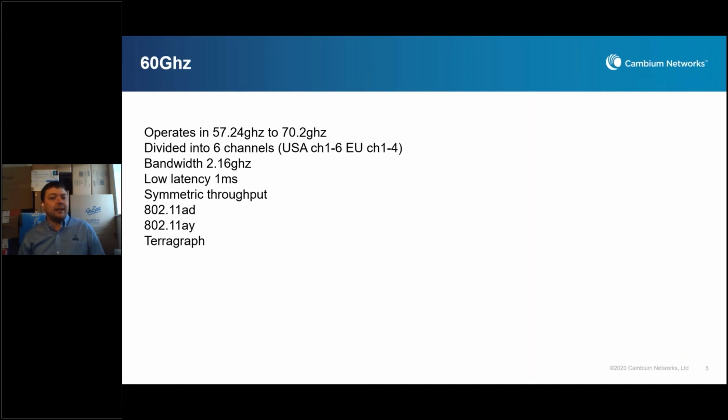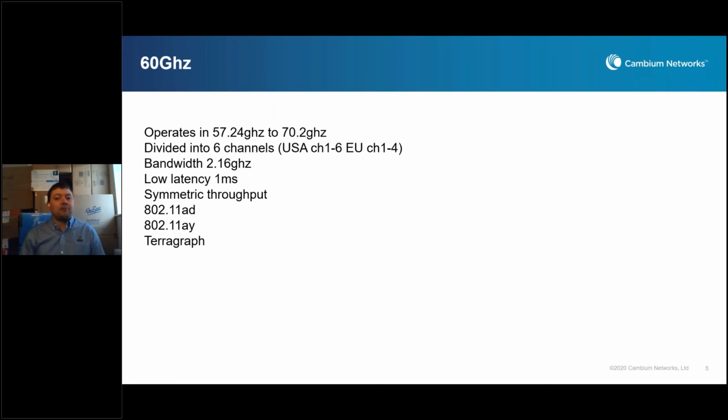So what is 60 gigahertz? It operates from 57 to 70 gig. It's divided into 6 channels with a channel size of 2.16 gigahertz. In Europe, we have 4 channels to use, channels 1, 2, 3, and 4. It offers a very low latency.